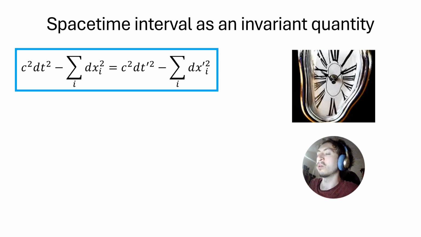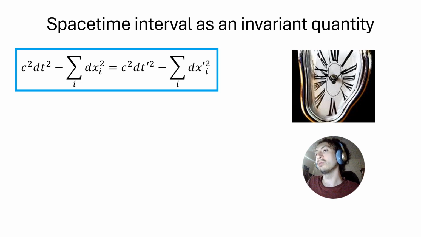However, it's useful to group the space terms together and consider this quantity, which is preserved in both the primed and non-primed reference frames. It's just a measure of an interval in time minus a measure of a distance in space, although those distances should be squared.